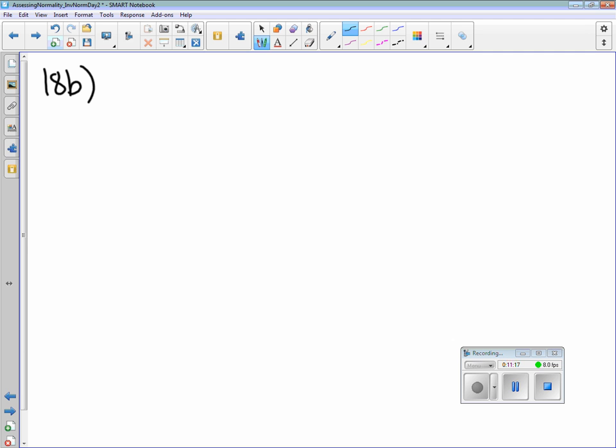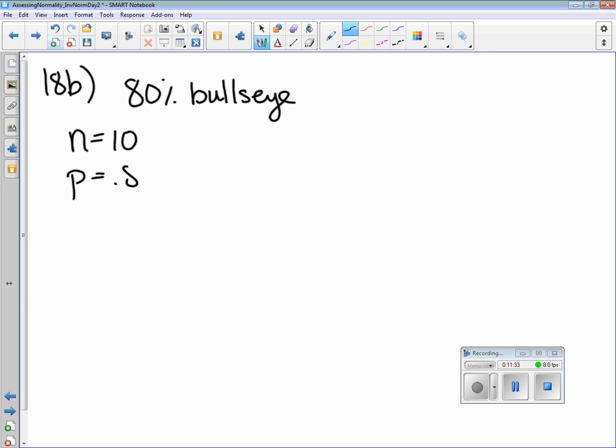It says exercise 14. So it says we hit the bullseye 80% of the time. So a pretty good shot. And it says we shoot 10 arrows. So we have n equals 10, p equals 0.8. We good so far? And then at B it says what's the probability that she never misses?